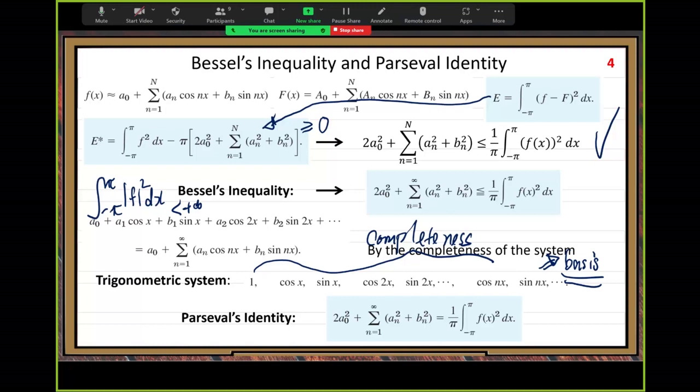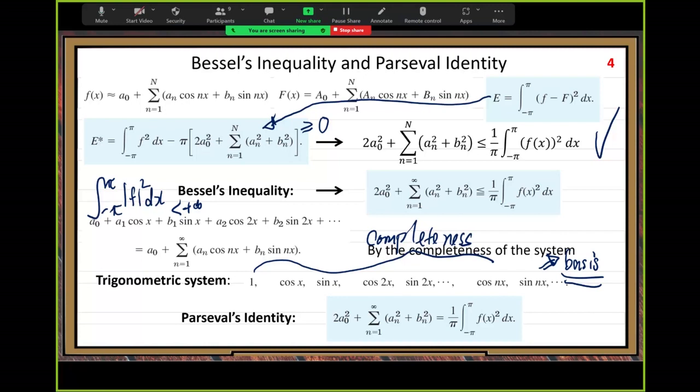From Bessel's inequality, you don't know if they are equal or not. They could be unequal. But Parseval's identity tells us it cannot be non-equal. It must be equal.